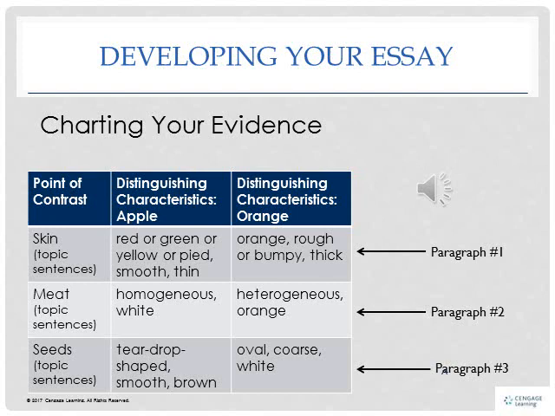In paragraph 1, everything that you're going to write is going to be about the skin of the apple and the orange. In paragraph 2, it's going to be about the meat of the apple and the orange and its differences. And then finally, in paragraph 3, it's going to be the differences in the seeds of the apple and the orange. Now, we will talk in the next slide about how to actually construct the essay using the point-by-point contrast structure.